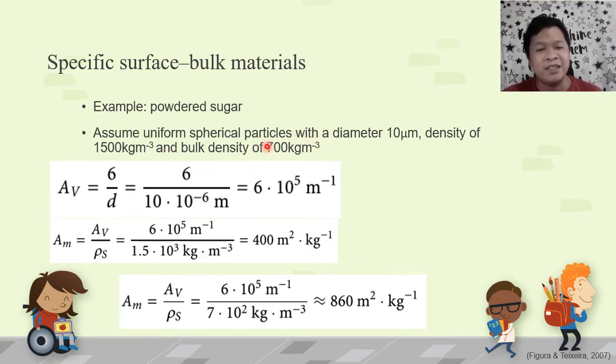So, less than half kasi nga may hangin doon sa in-betweens niya. Okay? So, we start with the AV equation and replace the D with the assumed diameter of 1 micron.